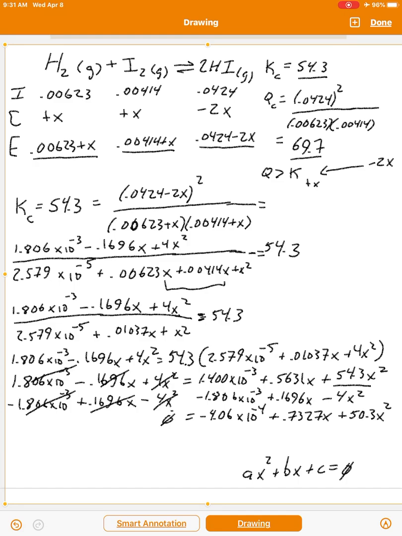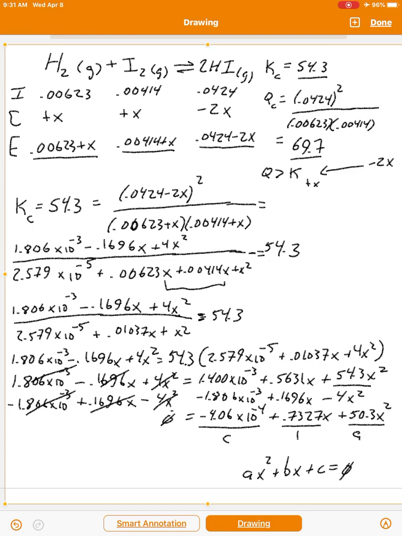Now, however, we have it in the form of a quadratic. ax squared, so a is 50.3, plus bx, so b is 0.7327, and then plus c is this term right here, negative 4.06 times 10 to the minus 4.